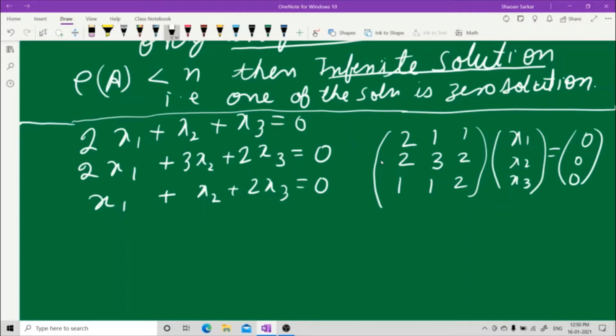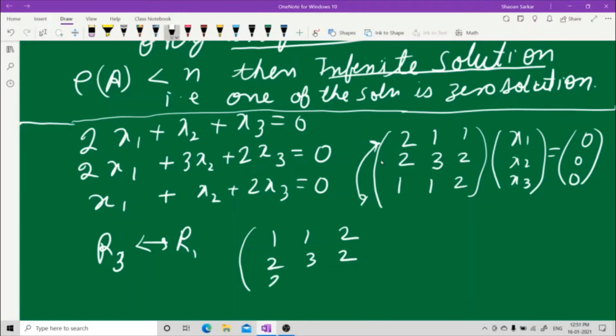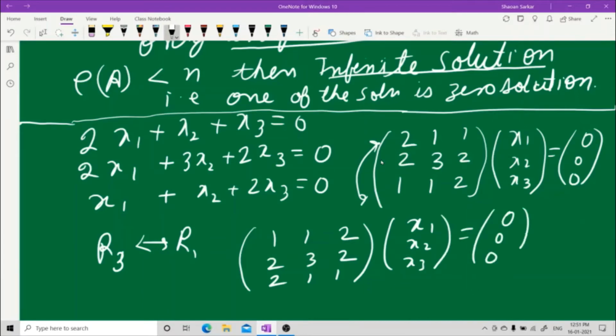Now do one thing, interchange these two rows. R1 is to be interchanged with R3. So what I get is now 1, 1, 2, 2, 3, 2, and 2, 1, 1. Now I will write it with x1, x2, x3, and this will be 0, 0, 0.